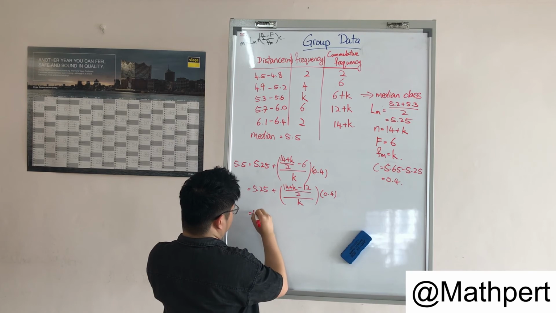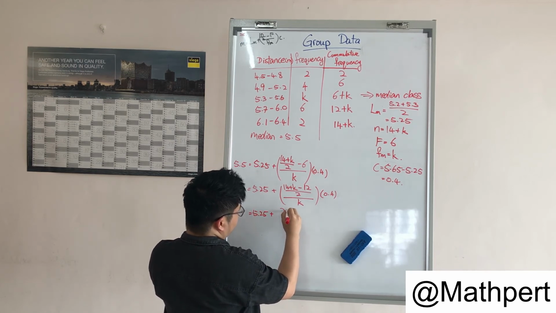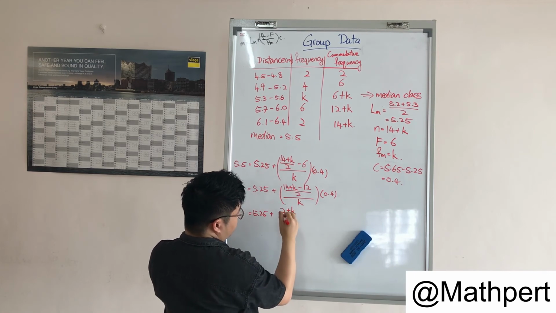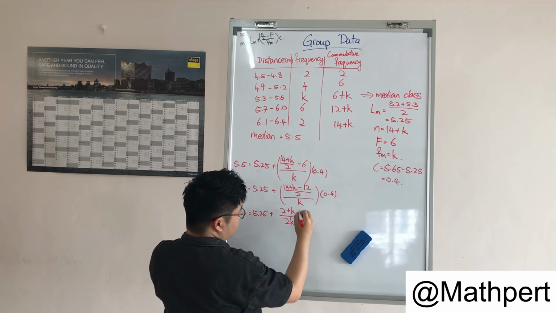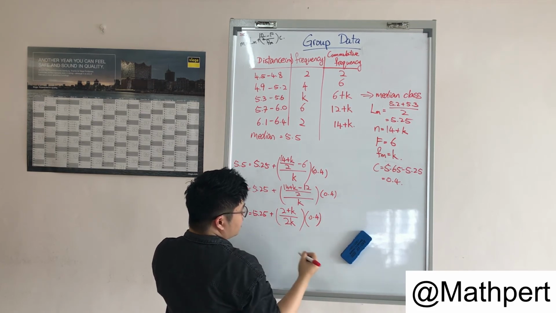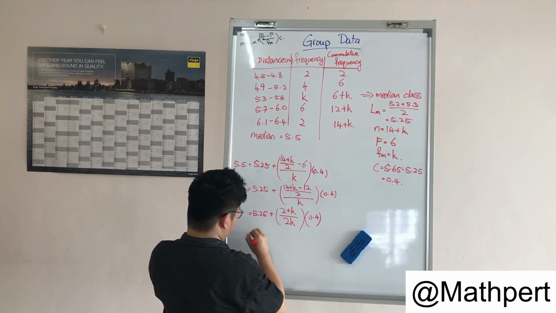So here we got 5.25 plus 2 plus K. So these two we can put it at the bottom, still the same, 2K. Alright? 0.4.